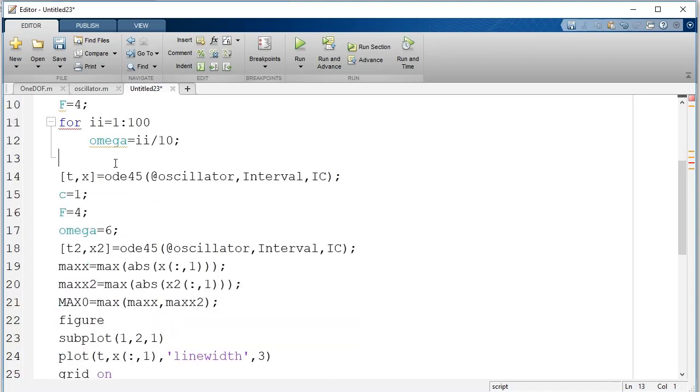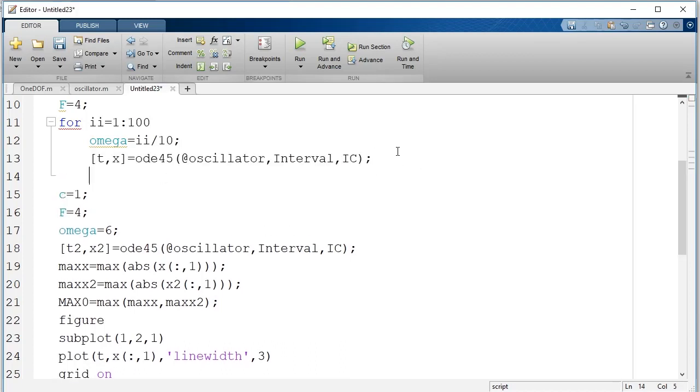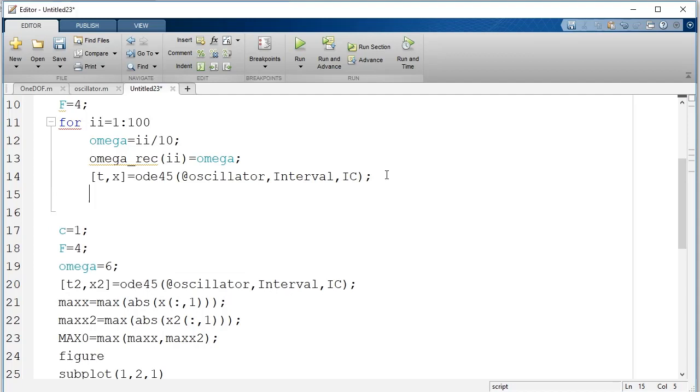Here we want to solve this equation and store the value of omega at each step. So omega rec ii would be equal to omega. I'm just storing this value because I want to plot the maximum of amplitude against this omega later on. We solve the equation and I want to record the maximum response in a vector.